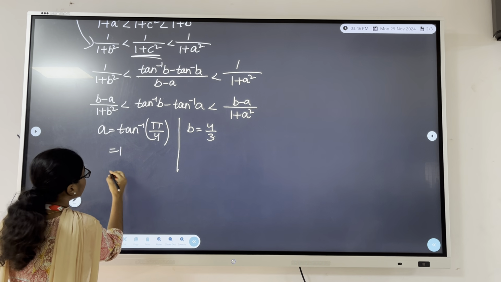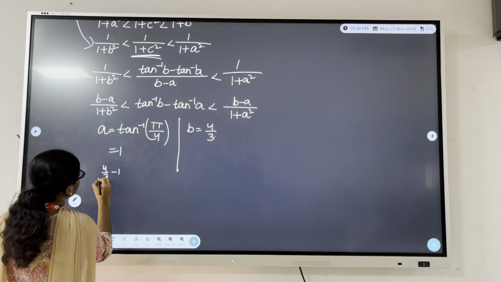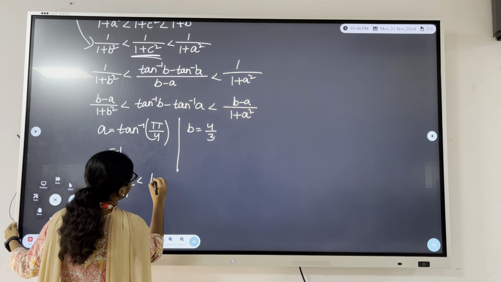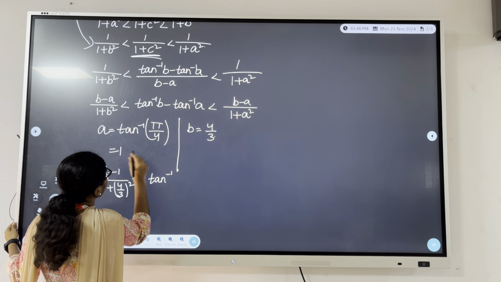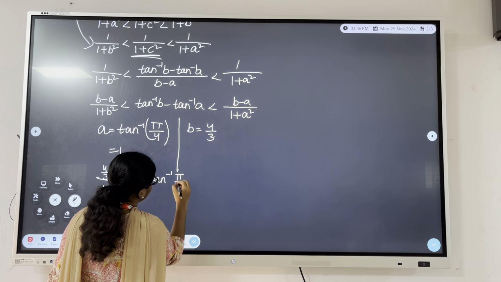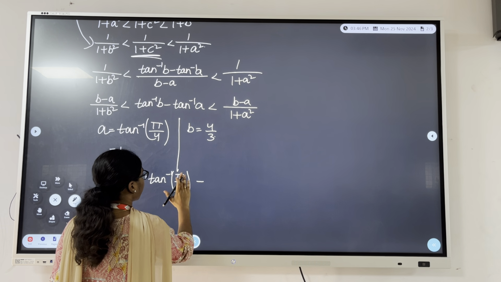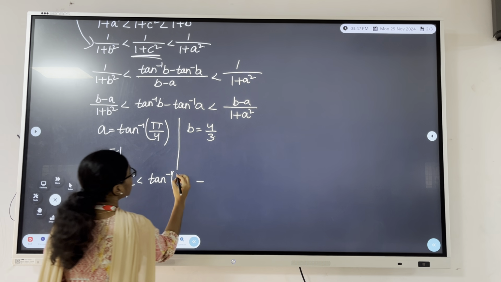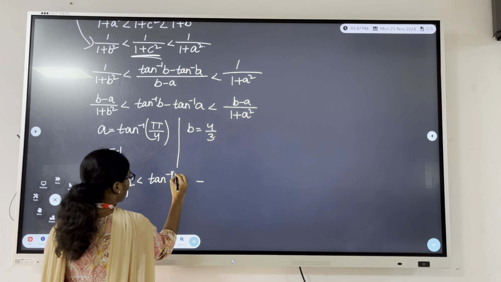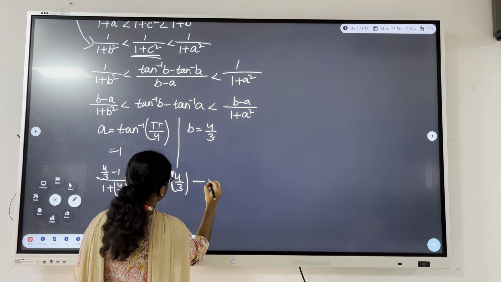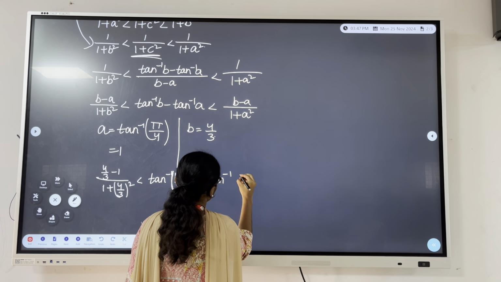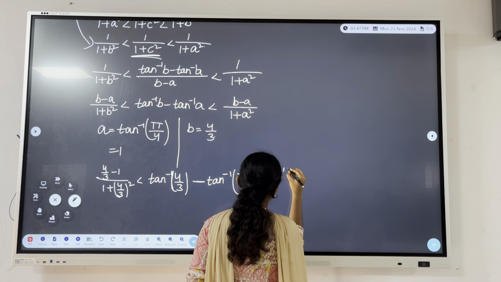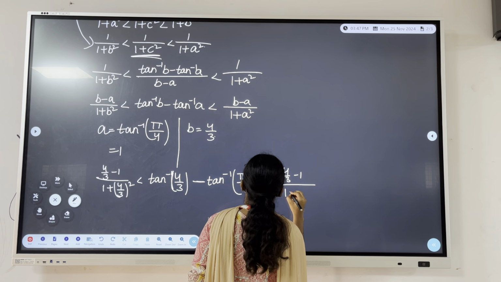Now solving this we get 4 by 3 minus 1 by 1 plus 4 by 3 whole square is less than tan inverse of 5 by 4 minus tan inverse of 1, less than b minus a. b is nothing but 4 by 3 minus 1 by 1 plus 1 square.